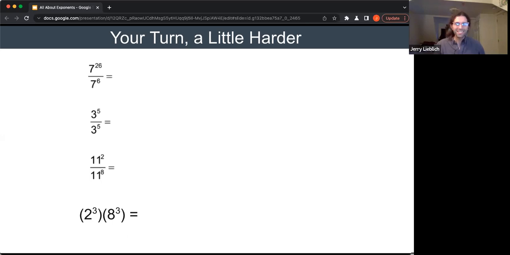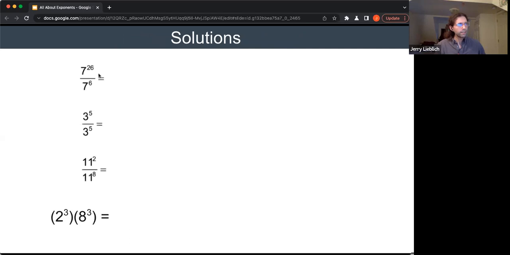All right, I'll stop you there. So first one, fairly straightforward. We again have same base. We're going to subtract these exponents. Here again, same base division. We subtract, we end up with 3 to the 0, which equals 1.